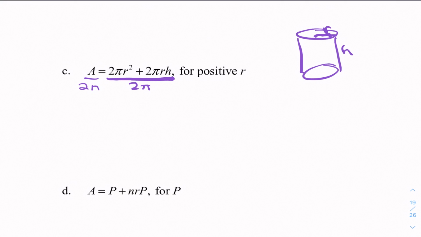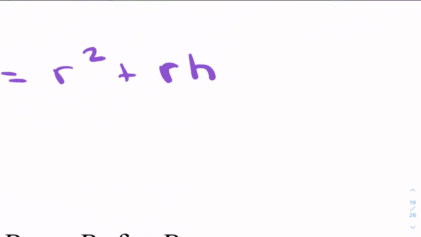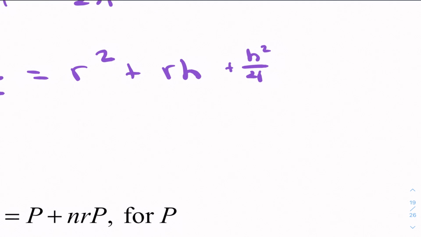So we are left with A over 2 pi equals r squared plus rh. Now, if your brain is starting to go to completing the square, you're right. We're going to take this middle term, take half of that, and then square it. So this h is the value we're taking half of. Half of h is h over 2. H over 2 squared is h squared over 4. That's how you complete the square when you're dealing with a variable.